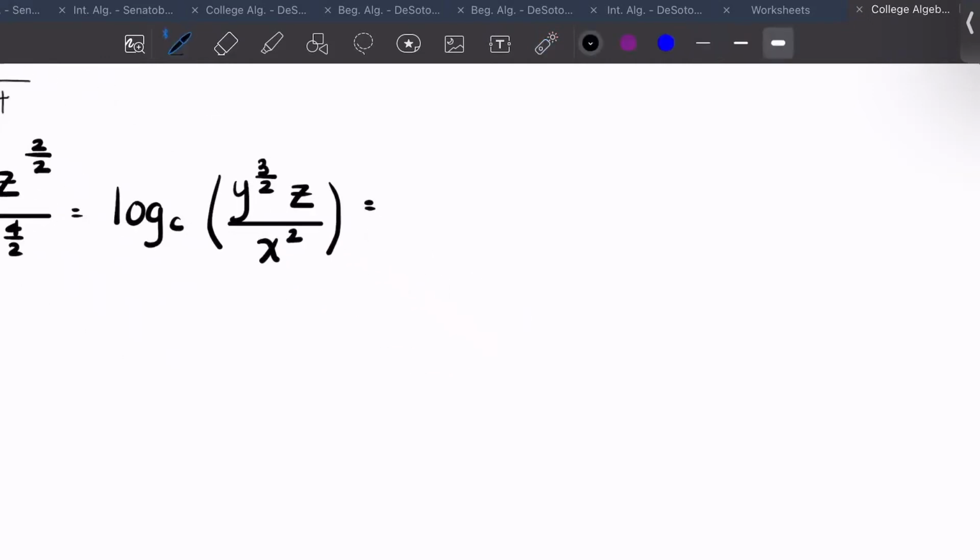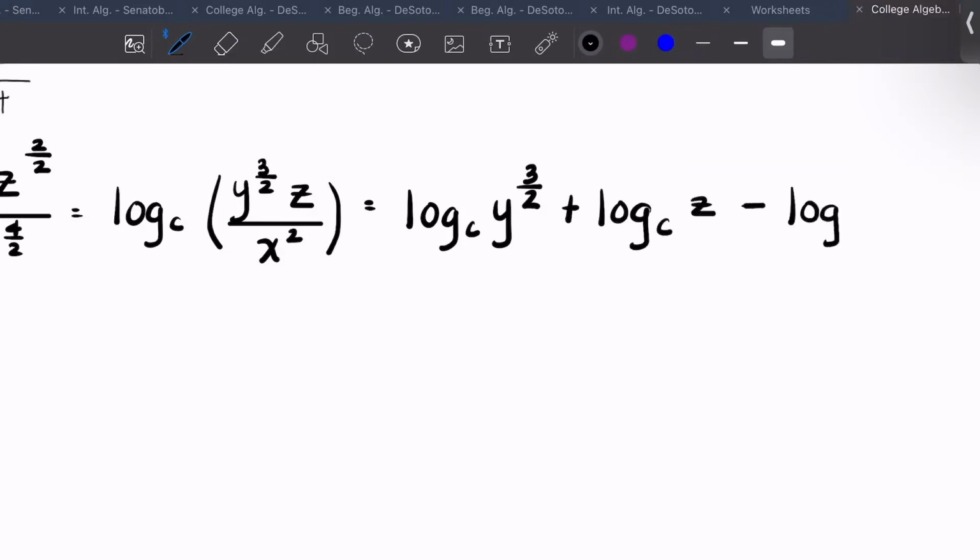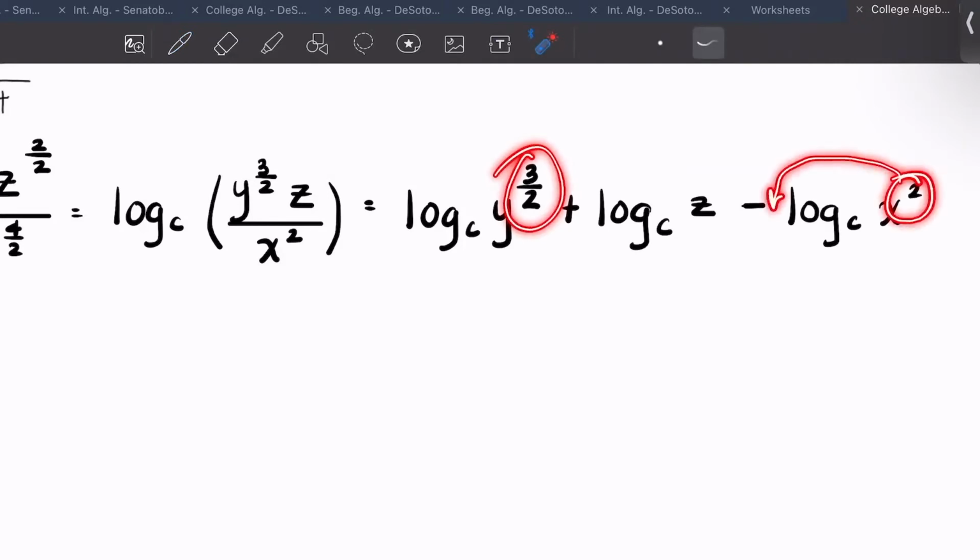So we would write this as log base c of y to the 3/2 power plus log base c of z minus log base c of x squared, okay? Now we have powers. So we've used the product rule and the quotient rule, but then we have a power here and a power here, okay? So those need to move to the front of their logs, okay?